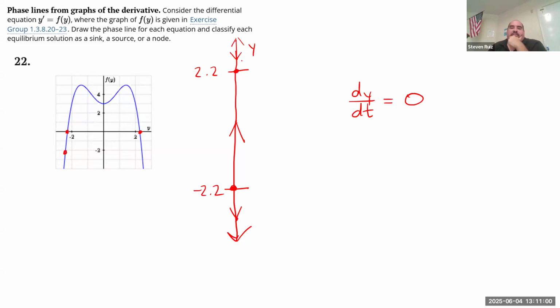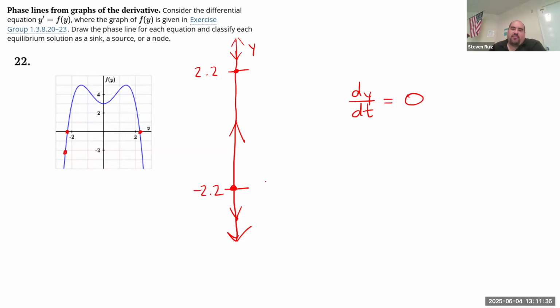Again, starting from the bottom, negative 2.2, what's happening for values below that y value? If I have a y value of say negative 3, then the y values are going to continue to decrease. If I have a y value of, let's say, negative 2, then my values are going to increase away from negative 2.2. So regardless of whether I'm above or below negative 2.2, y is going to trend away.